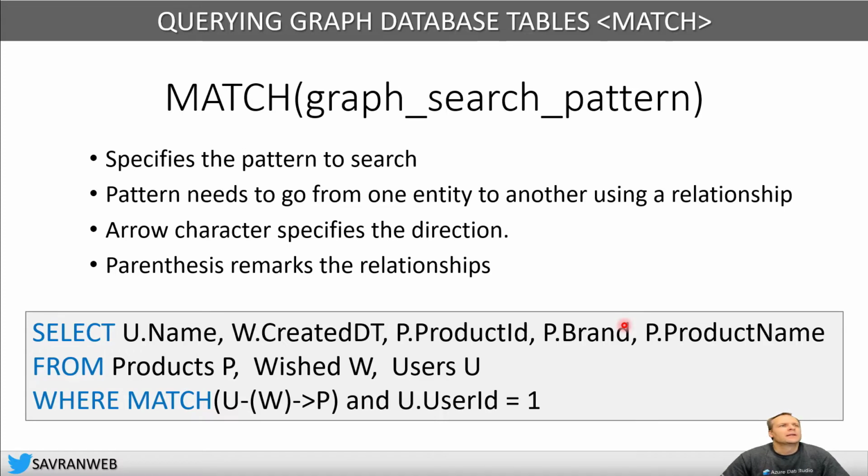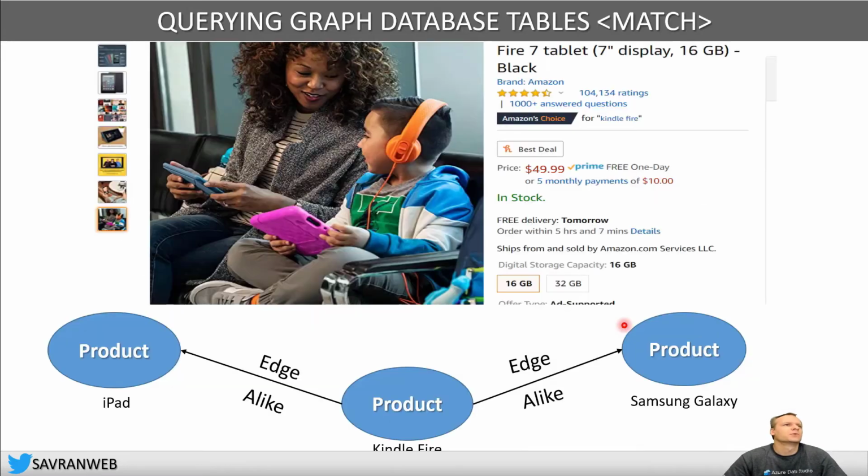So let's give you a little bit more examples of how to use this match. My first example for you is Amazon. When you go to a product, it gives you alike products. So here's an example. We go to a product page. We are looking at Kindle Fire from Amazon, and I want to show my other products like Kindle Fire.